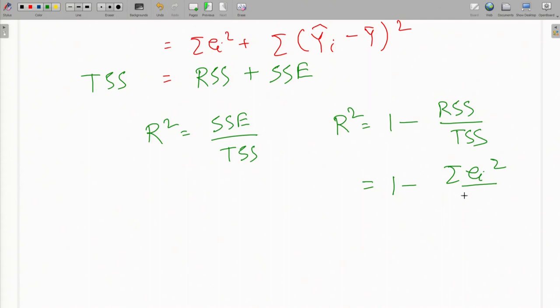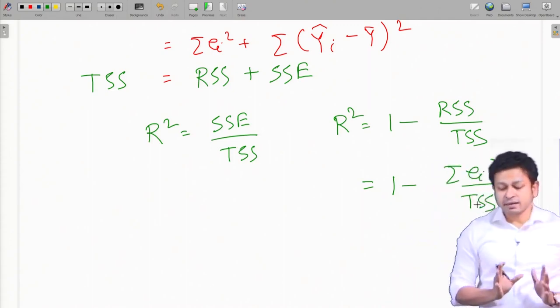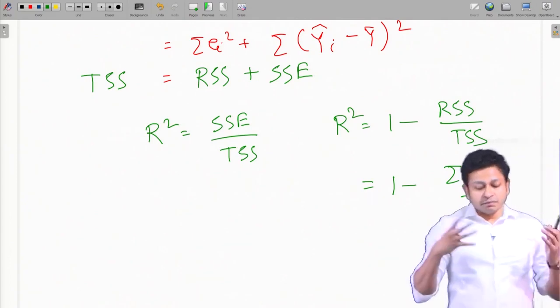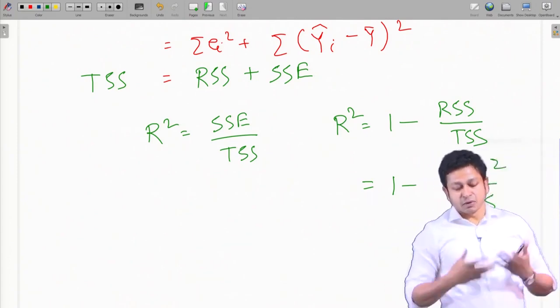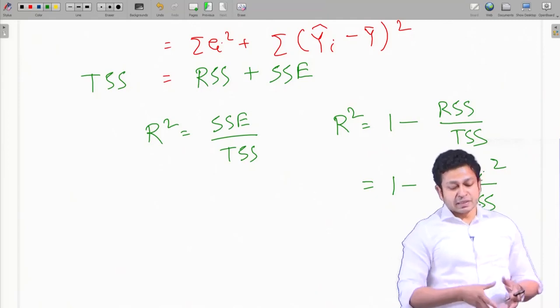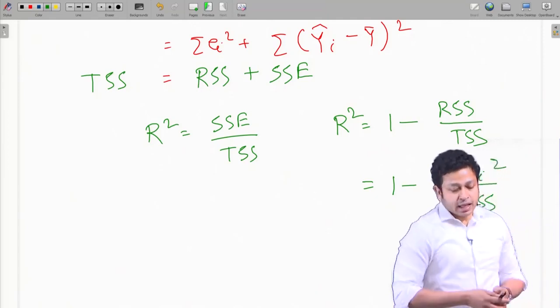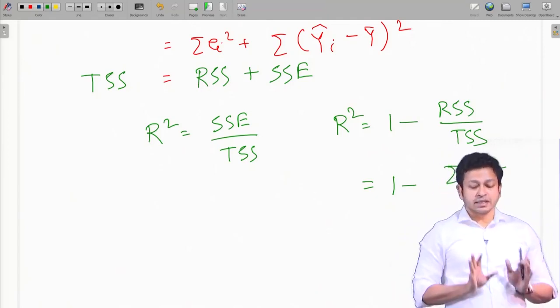So, this is about the R square term. A good value of R square basically says that my model is good, and a low value of R square means my model is not that good. That is about the coefficient of determination.